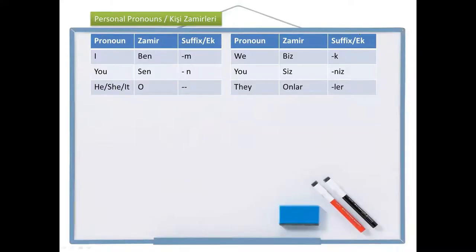Person, kişi, pronoun, zamir. The personal pronouns in English are I, you, he, she, it, we, you, and they. And as you see on the chart, the personal pronoun I is ben in Turkish. You is sen. He, she, it is a single pronoun in Turkish, o.